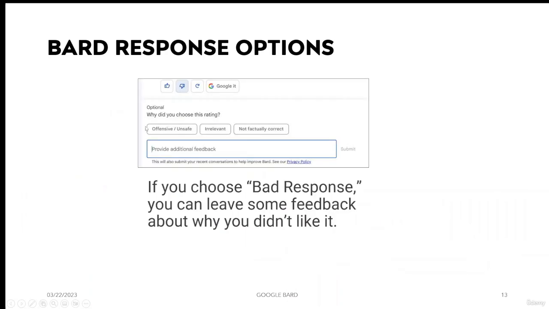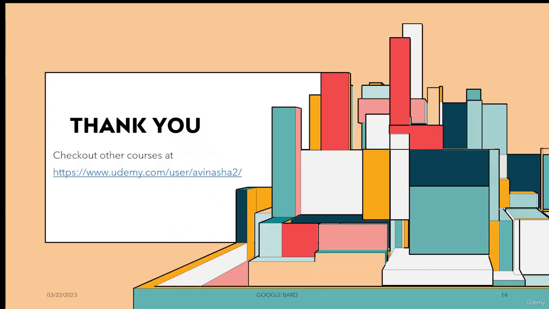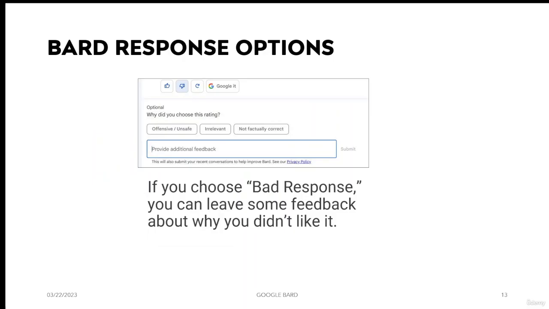And if you click a bad response, then you can also provide feedback why you think you didn't like the response. As always, this is generative AI, and it's not always right, as even Google themselves claim that if you don't feel it's right in what it's returning, you can always provide feedback to make it better.